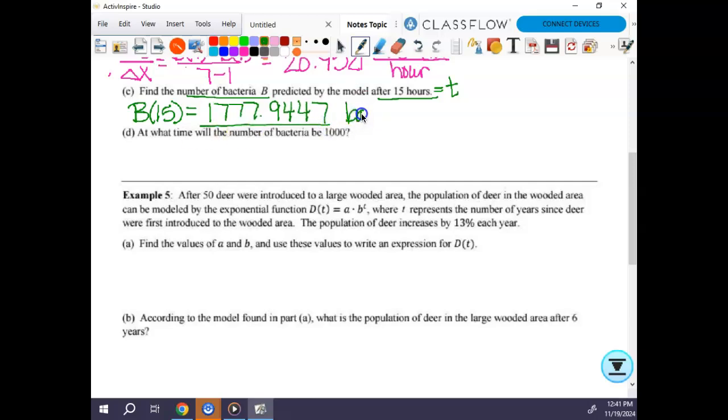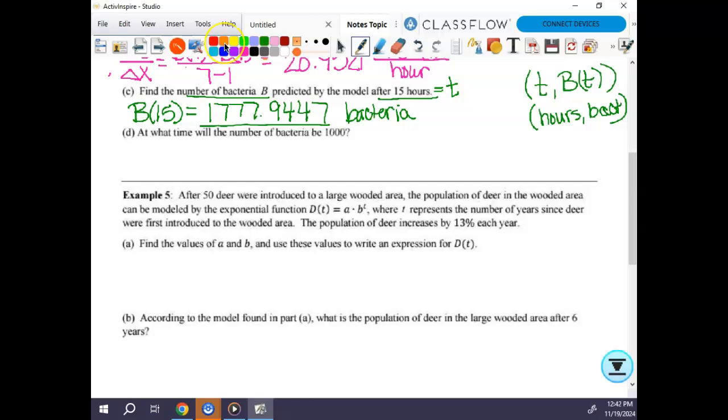So this is my bacteria. So when we're thinking about my ordered pair, it's t, b of t, right? So my units then are: input is hours, output is bacteria. And I'm going to run out of room, but you get the idea, okay? So it might help to write yourself something like that too, just to keep everything straight.